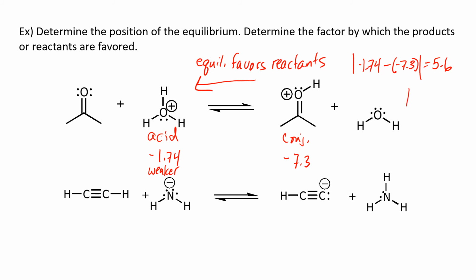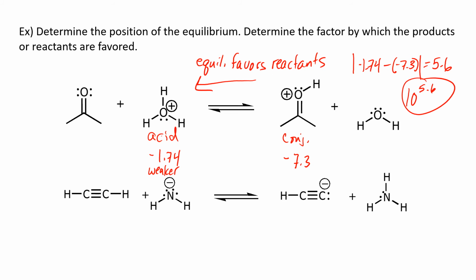So we just raise that to the power of 10. That's 5.6 orders of magnitude. So the reactants are favored over the products by a factor of 10 to the 5.6. And you could put that in your calculator, and that's approximately 400,000 times greater.